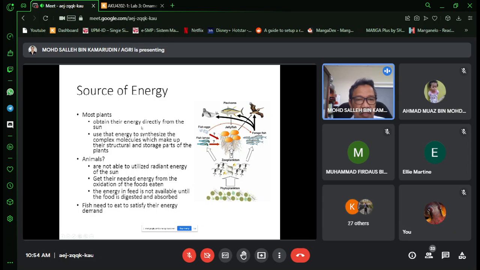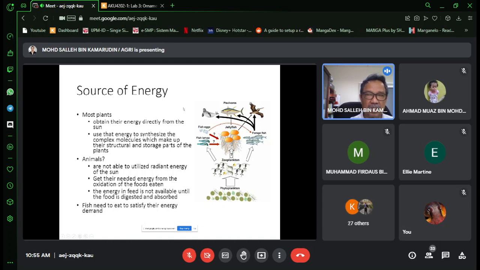This plant obtain their energy directly from the sun and then they convert into katakan carbohydrate, protein dan sebagainya, juga minyak, and these plants are able to use the energy to synthesize complex molecules, termasuklah saya kata tadi, protein, carbohydrate, lipid, ya. Dan they are stored in the plant.